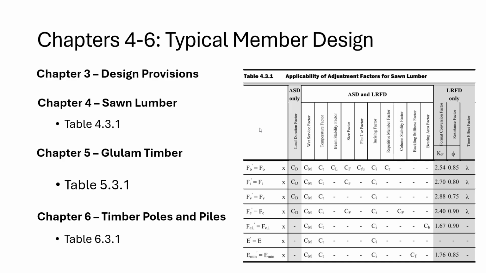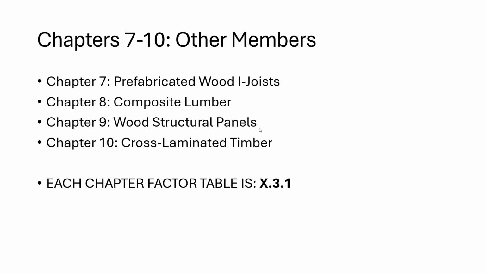And this is where you're going to get your adjusted design values to then plug into the equations outlined in Chapter 3. I'll get into these factors in a minute, but this is common for every type of wood section. So for Chapters 5, 6, 7, 8, 9, and 10, that reference design table is going to be whatever chapter number you're on, Table 3.1.